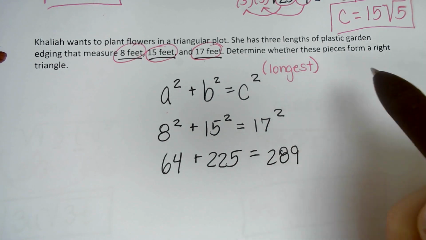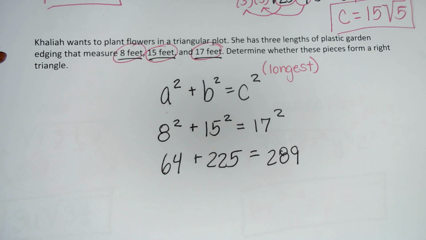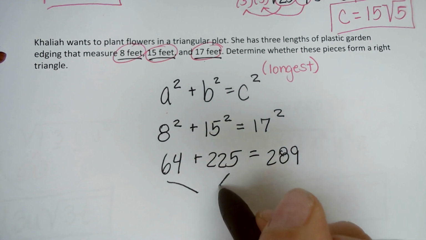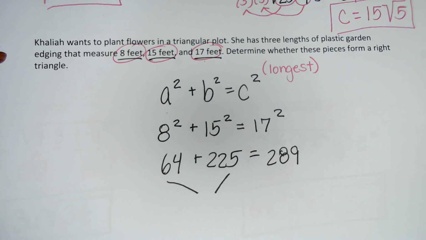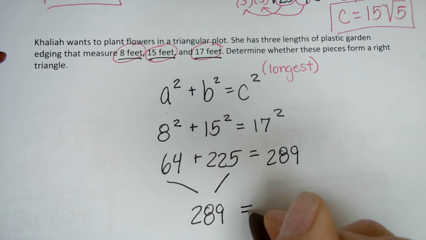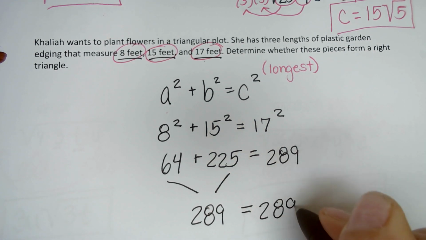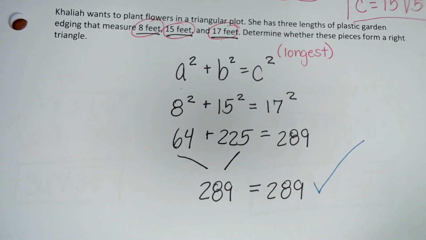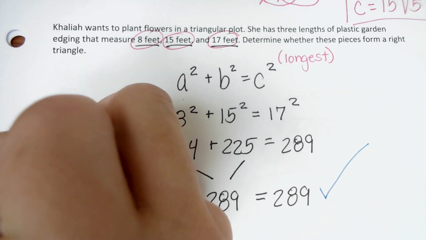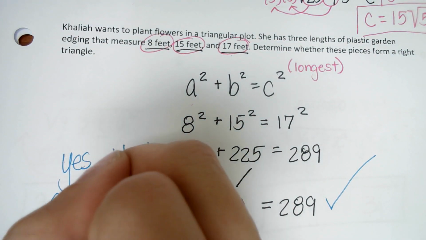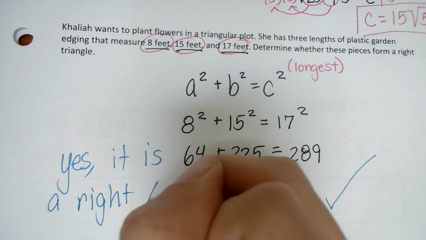Now to test if this would be a right triangle or just some other type of triangle, we add these two together. So 225 plus 64, and we get 289, and that is equal to 289. So that passes the check. So yes, it is a right triangle.